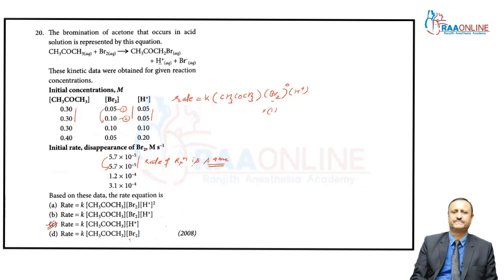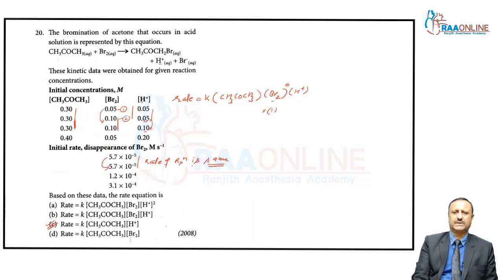Now, we can verify this with acetone and H plus ions. Here you can see the order of reaction for H plus ions is first. Here 0.05 and 0.10 are constant, and Br2 is also constant.